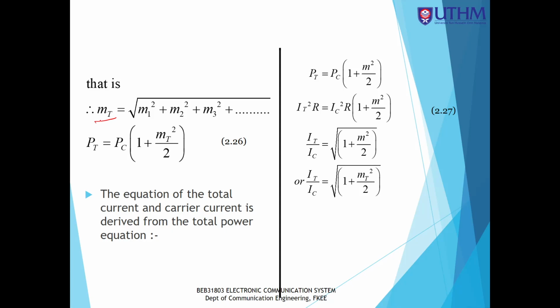From here we can calculate the total power for the double sideband full carrier, which is equal to Pc in bracket 1 plus M square over 2. This equation is also true for the double sideband full carrier with many input messages.